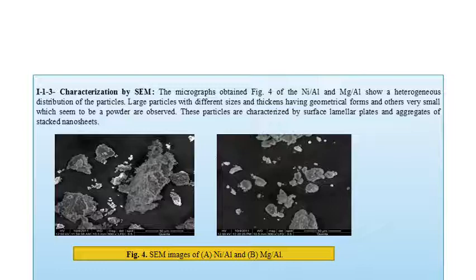These particles are characterized by lamellar plates and aggregates of stacked nanosheets.